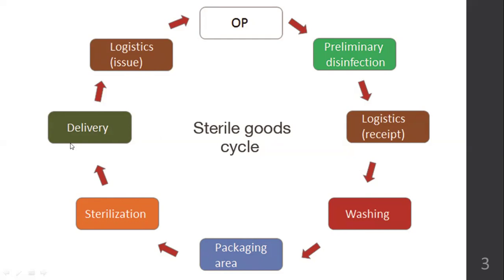Usually user departments get a stock of items that they require, and on top of that, top up is also done whenever a need arises. They will issue the logistics, and this cycle goes on and on. This is the CSSD cycle that takes place everywhere wherever a CSSD is there.